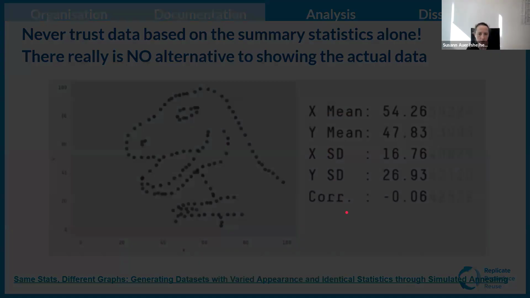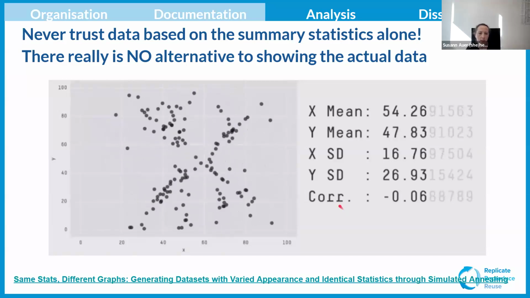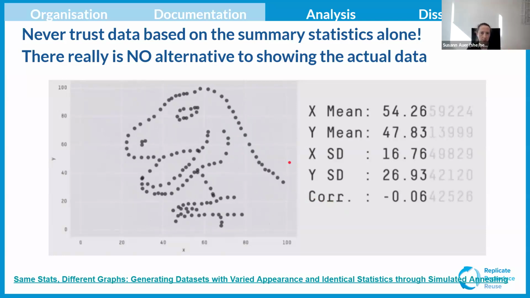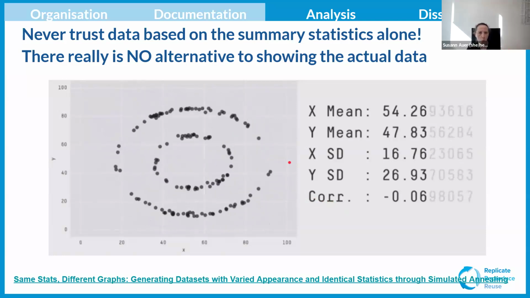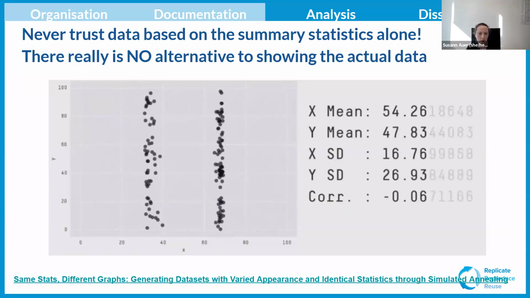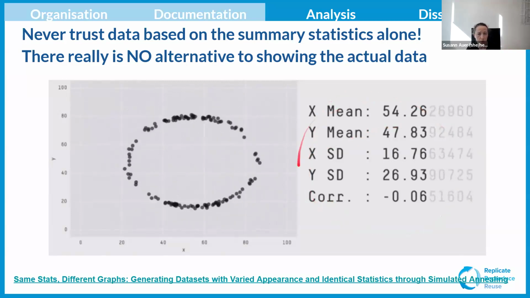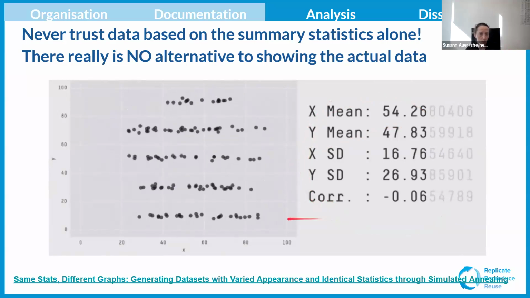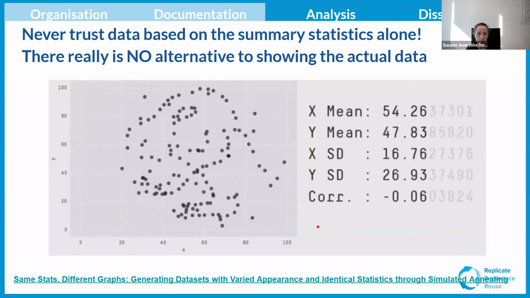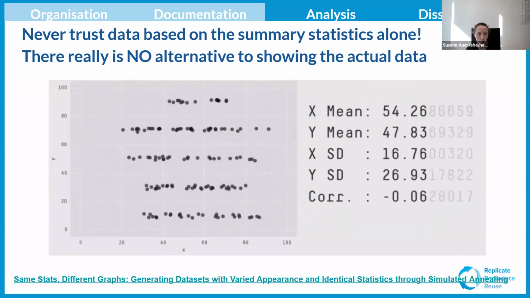Now, if I run this kind of simulation, it's called the Datasaurus, you see that all of these different data points in space, although they have the same x and y means and the same standard deviation, all of them look very different, right? So if you would just present the summary statistics, we could have anything in this kind of scatter plot, right? So really do not rely only on the summary statistics, but really try to show your actual data.